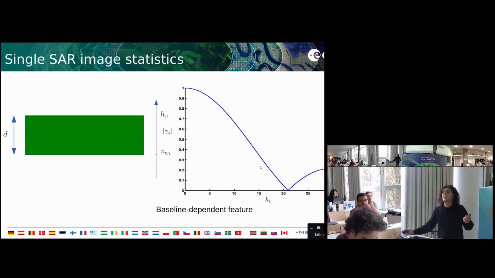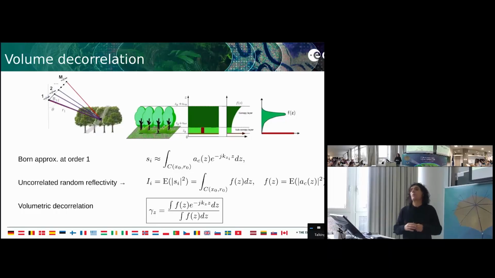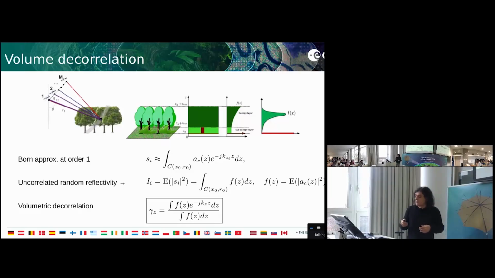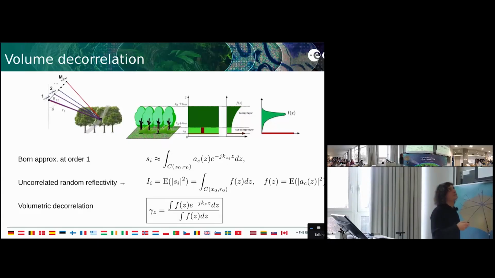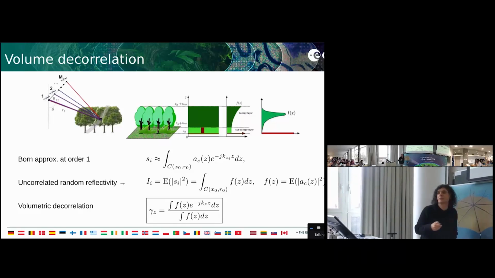The last point, and this is what we are going to study next, this is volume decorrelation. This is what you want to observe when you use interferometry to analyze forest, to characterize forest. Without going into the details, this decorrelation here is a function of the distribution of reflectivity in the vertical direction.